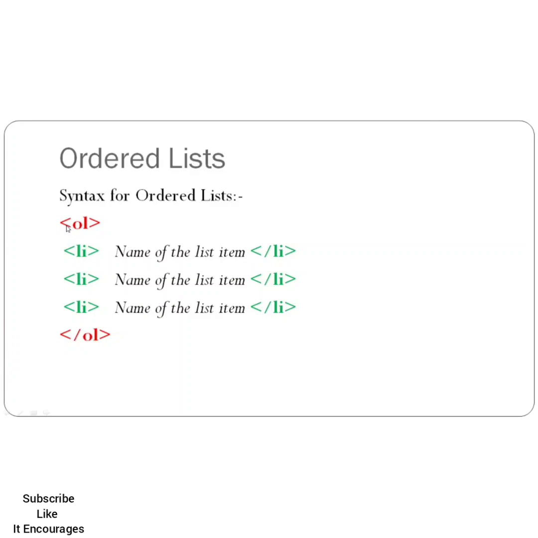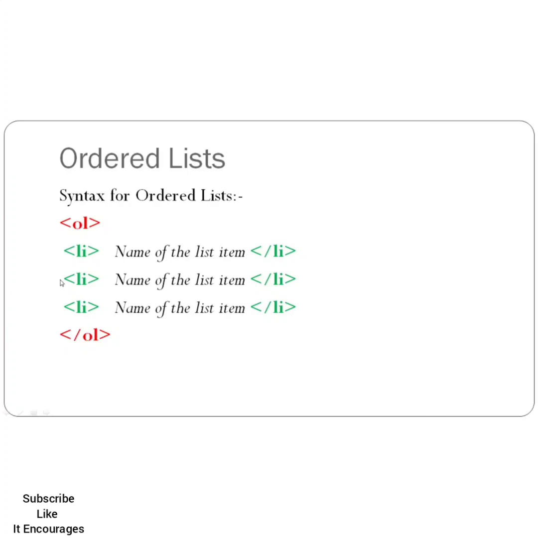Basically, we use two types of tags for creating the ordered list. The start tag is the OL tag and it has the paired closing OL tag. So whatever data we want to display as a list in a sequential manner, we have to enclose the entire text within the OL opening and closing tag.